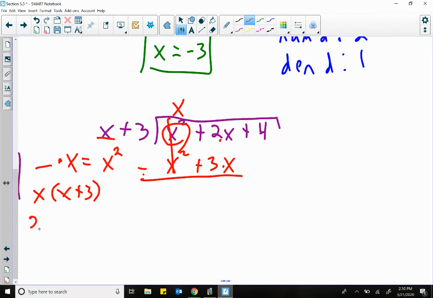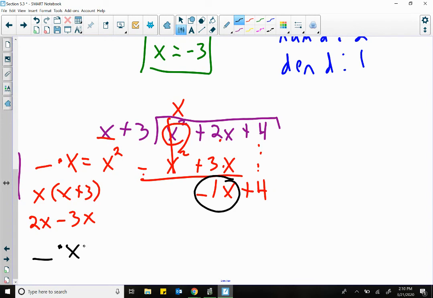And I always write that out. 2x minus 3x. So that gives you a negative 1x. And the positive 4 trickles on down. And now we're going to repeat the process. And all we want to do now is get rid of the negative 1. So what times x will give us negative 1x? And that is a negative 1.